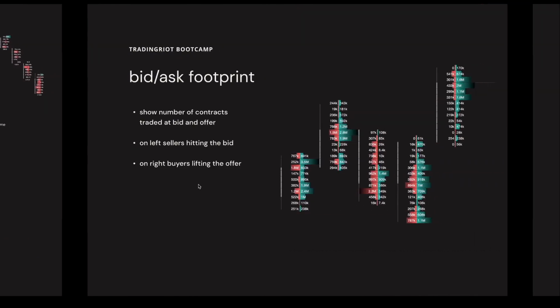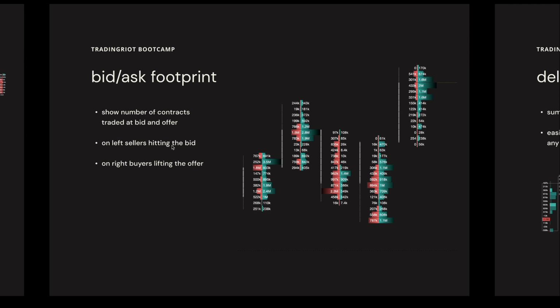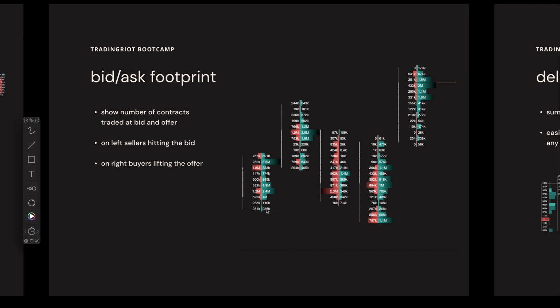So the bid-ask footprint shows the number of contracts traded at the bid and the offer. On the left, sellers hitting the bid. On the right, buyers lifting the offer. Mentioned this a couple of times just to make sure. These are your buyers, these are your sellers. Okay, sellers on the DOM go from left to right, lifting the offer.